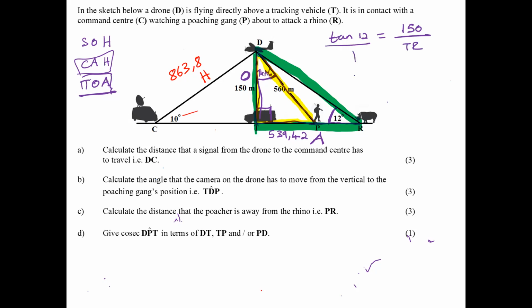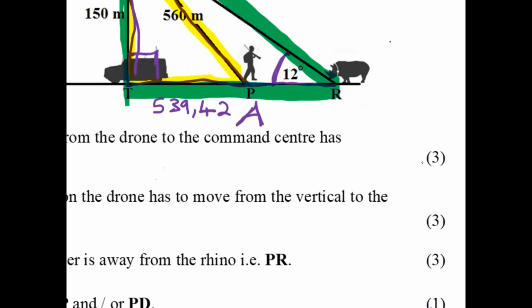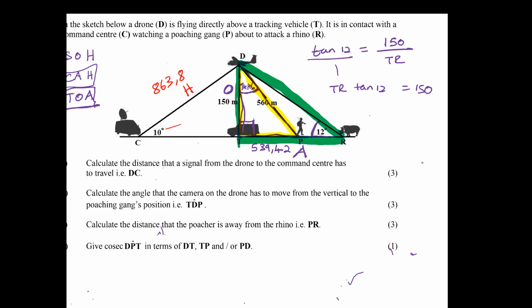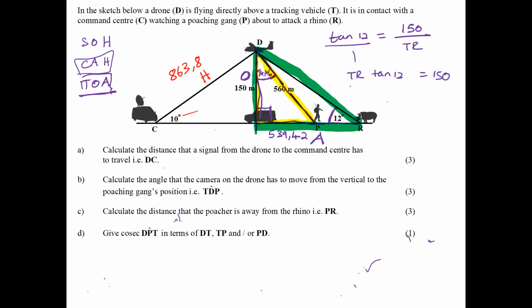We're going to cross multiply, which gives us TR times tan 12 is equal to 150. Then we divide both sides to find TR. We need to get rid of tan 12, so we divide by that. It's an equation, so you've got to do the same thing on the other side. Divide by tan 12.